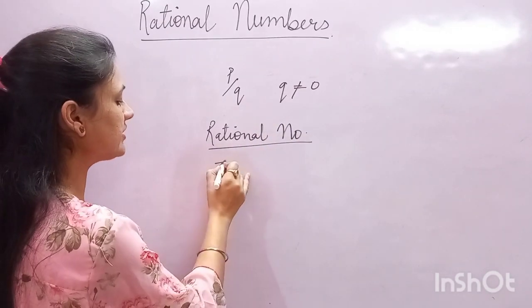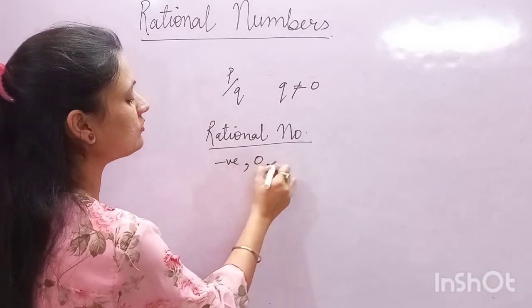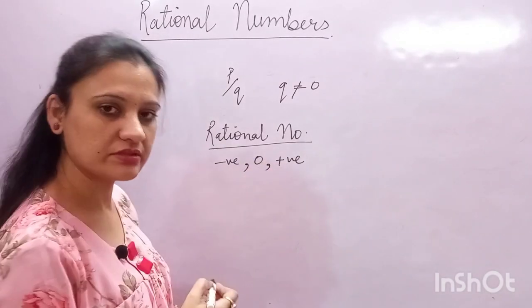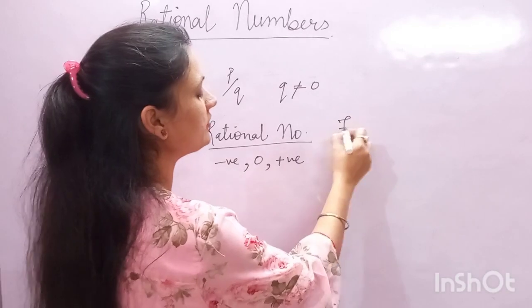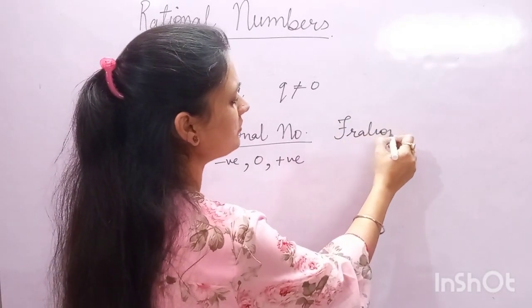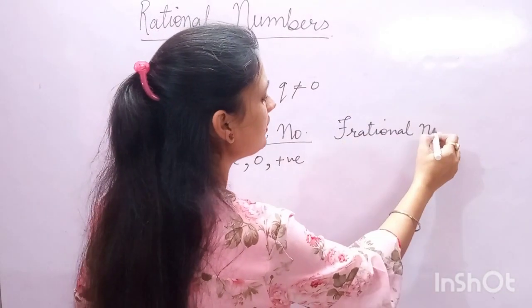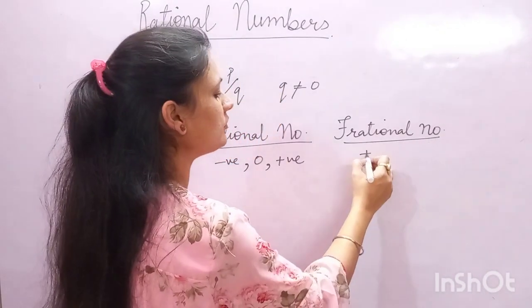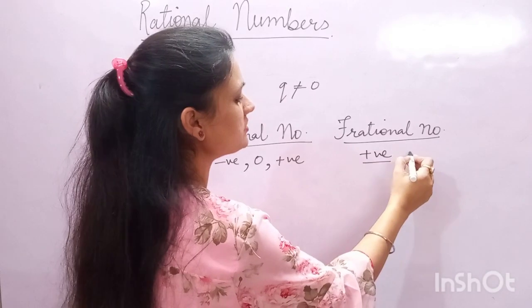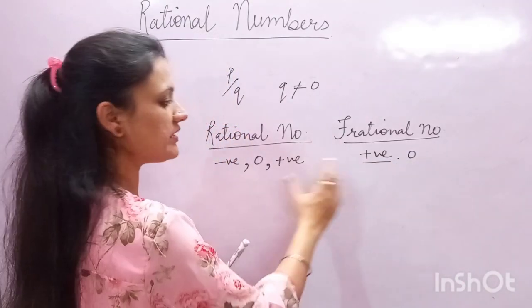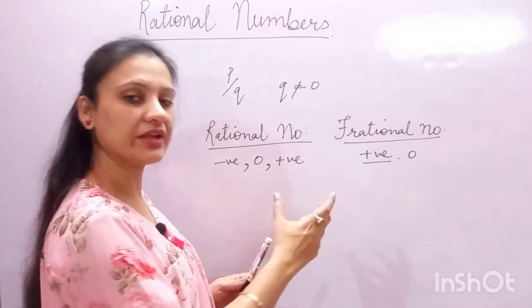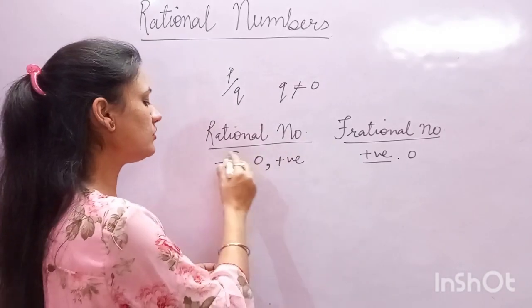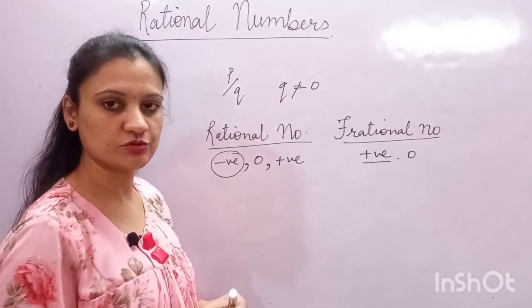Means they can be negative numbers, 0, or positive numbers, right? On the other hand, fractional numbers are also written in the form of p by q, but they should be only positive numbers and 0, right? So the basic difference between rational number and fractional number is that it includes negative numbers also, right?